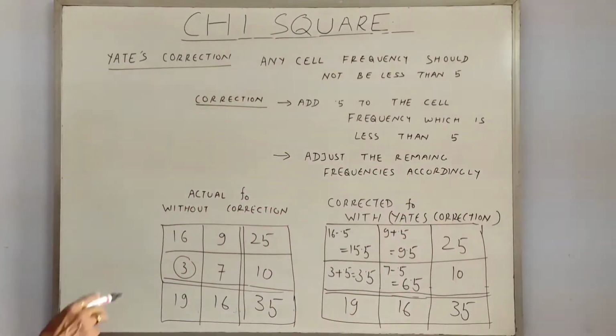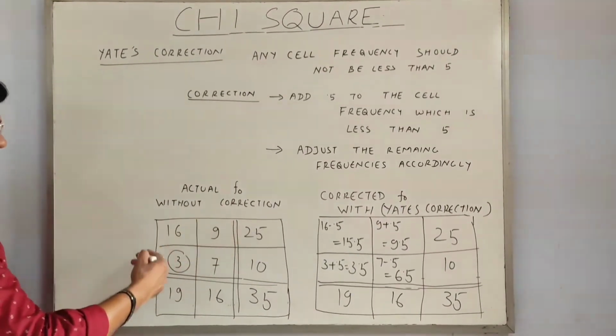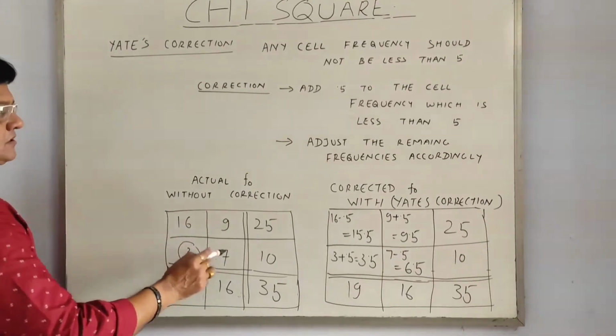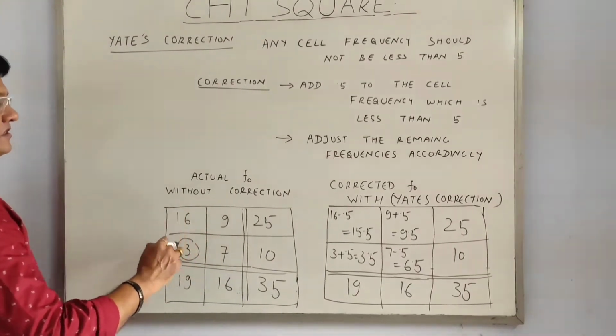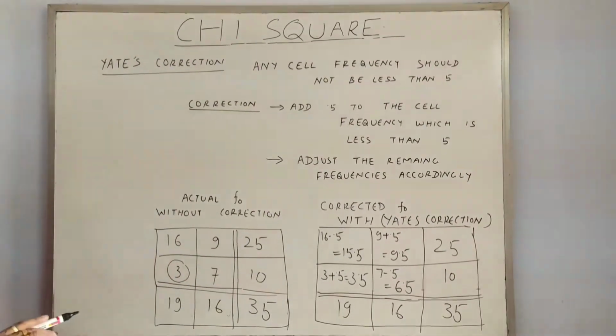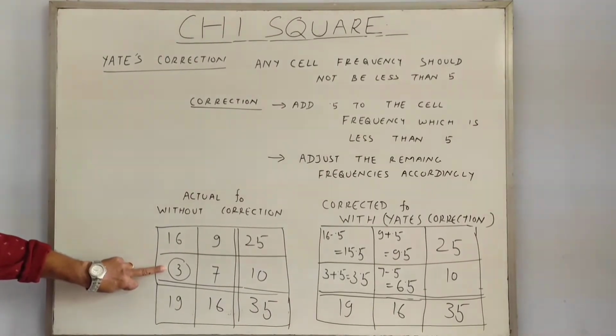How can you see it? Actual frequency FO without correction. The example I had given: 16, 3, 9, 7. These four are the observed frequencies, FOs, and these are the marginal totals. Now here it has a value of 3, which is less than 5.